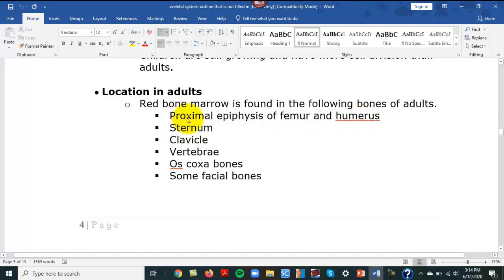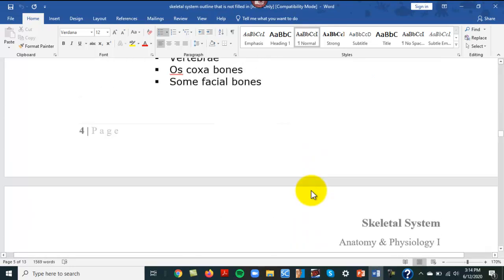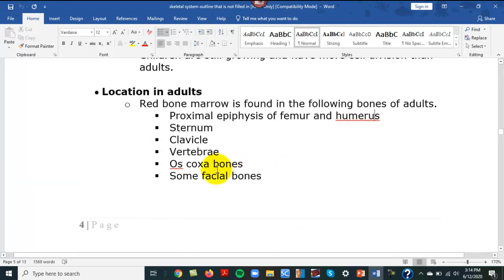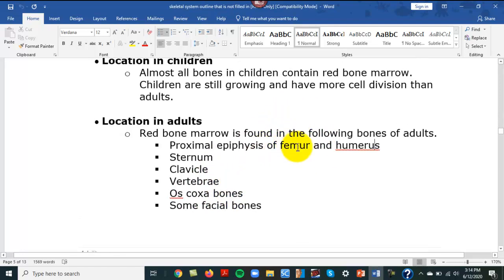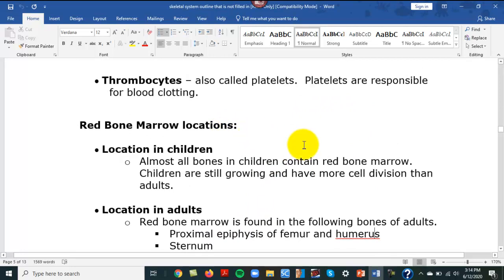So the proximal epiphysis of the femur and humerus, sternum, clavicle, vertebrae, the os coxa bones, in other words, the hip bones, the iliac crest, which is the hip part that sticks up, and some of the facial bones. Yeah, a person that donates red bone marrow, they'll either get it out of their sternum or the hip bones, the iliac crest. But it's only found in certain locations in adults. Kids have it just about everywhere.